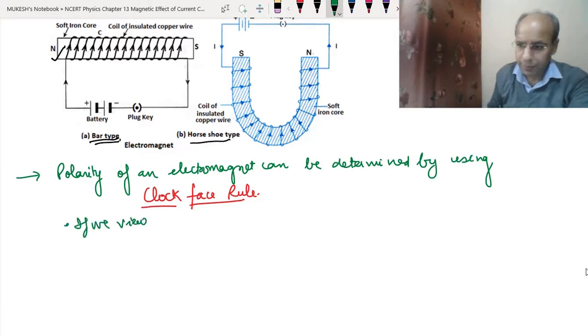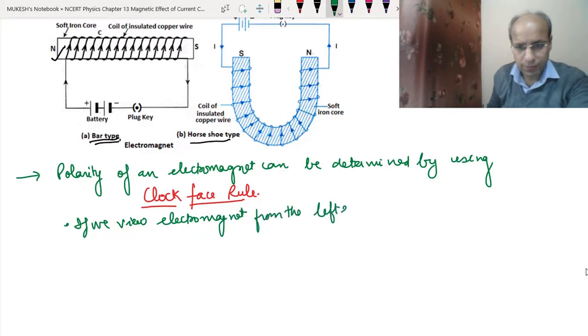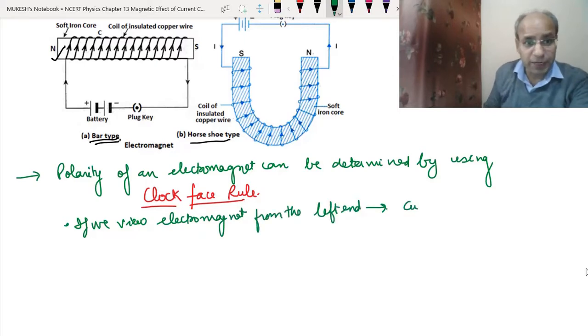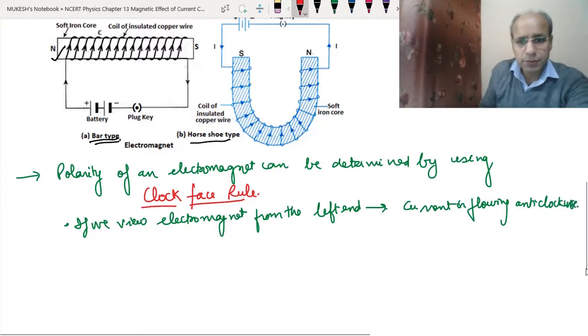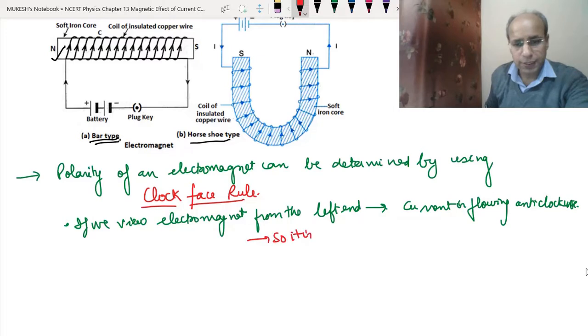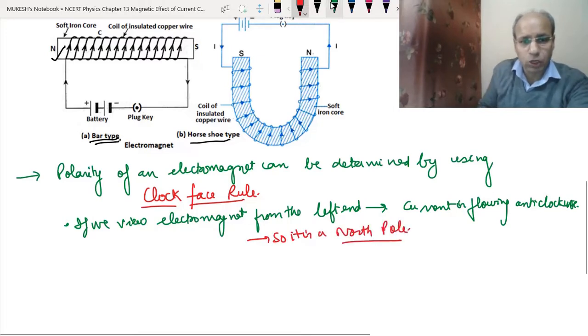If we view the electromagnet from the left end in this particular diagram, I am talking about this particular diagram, it can be different in different diagrams, the current is flowing anti-clockwise, so that means it is a north pole. Now the other pole will become the south pole.